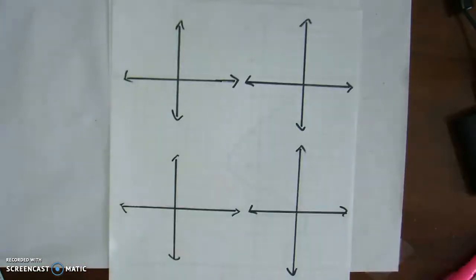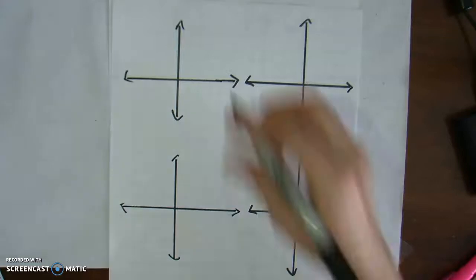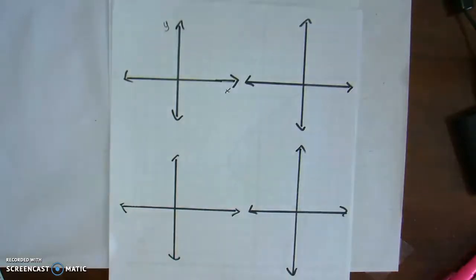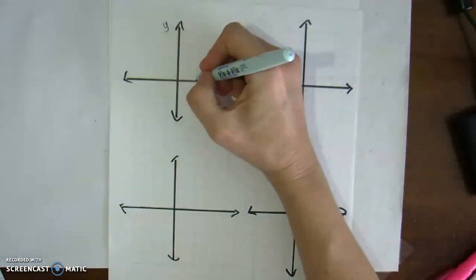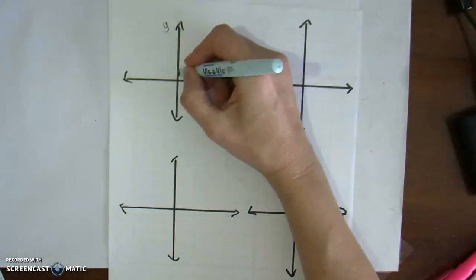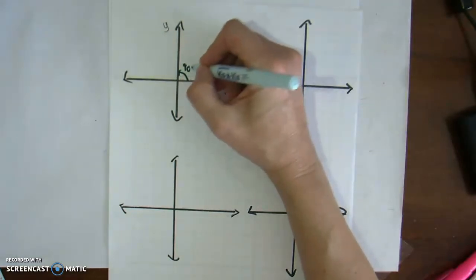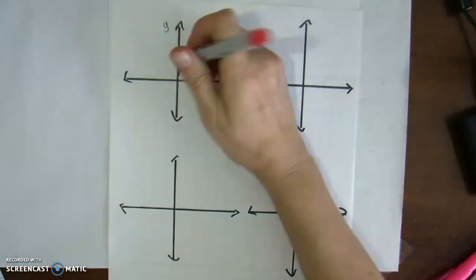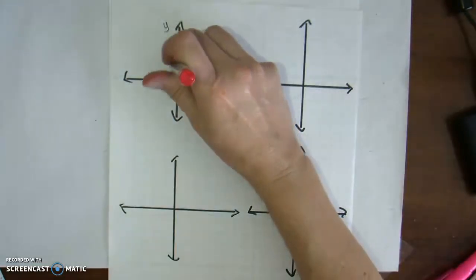Now I have a few pre-drawn XY planes here. So here you've got X and here you've got Y. Normally you think about these as the beginning of graphing. What I'll just review here is that this is 90 degrees that goes from here to here. So I'll write 90 goes from there to there. 180 degrees would be all the way from here to here.